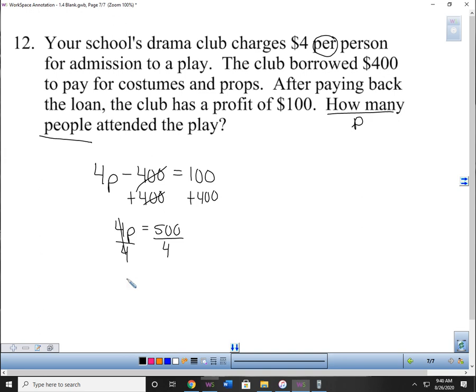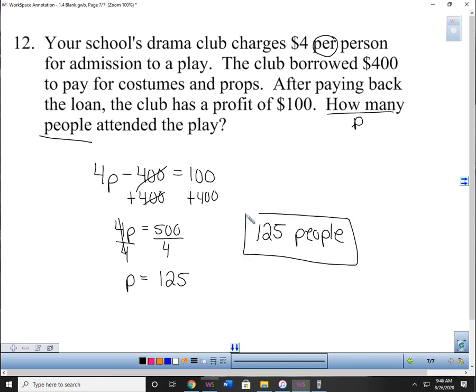So the number of people that came was 125. So we would say 125 people. So 125 people came and they only made $100. I think that maybe they should have just charged a little more.